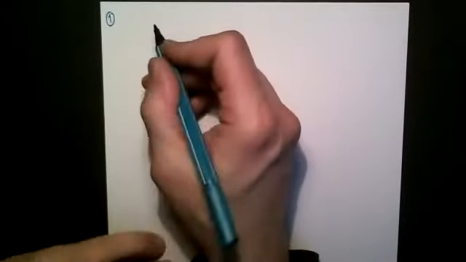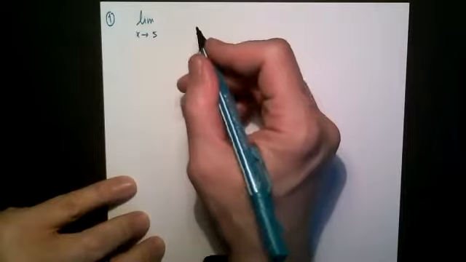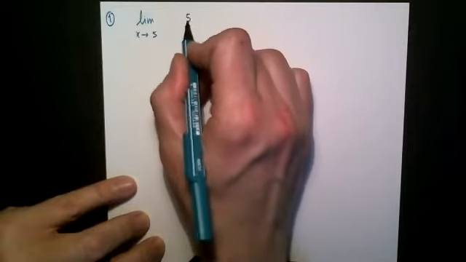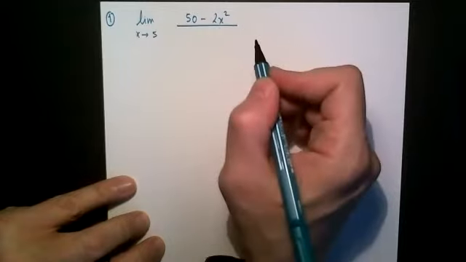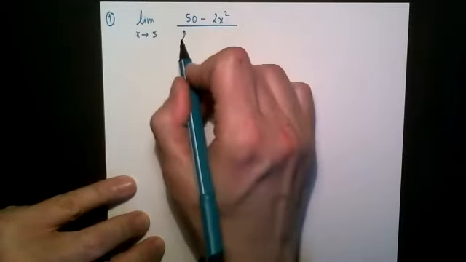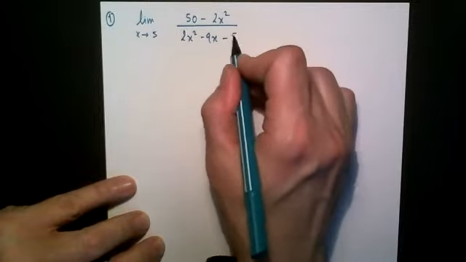Okay, so review. Let's do some limits first. I'll do a few. So the limit as x approaches 5 of (50 minus 2x²) over (2x² minus 9x minus 5).